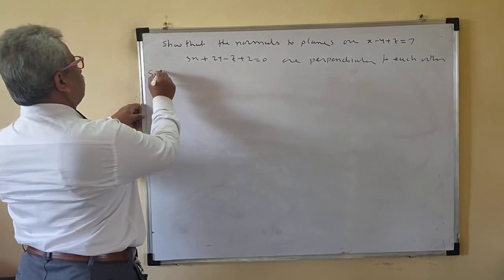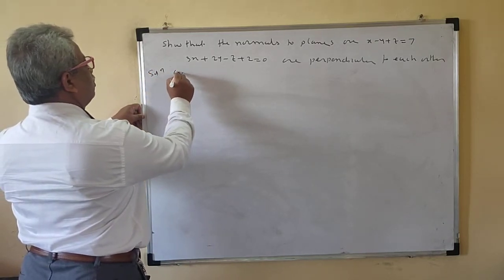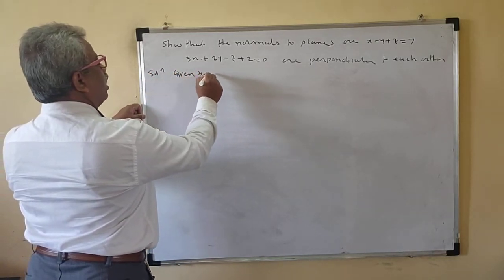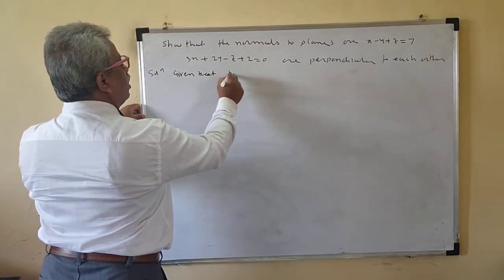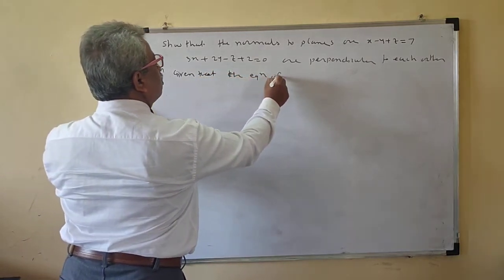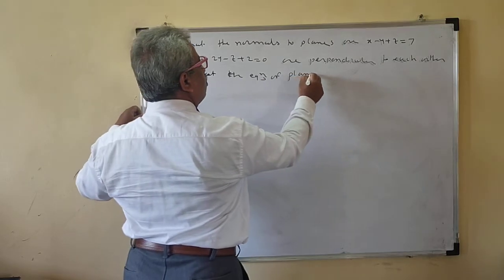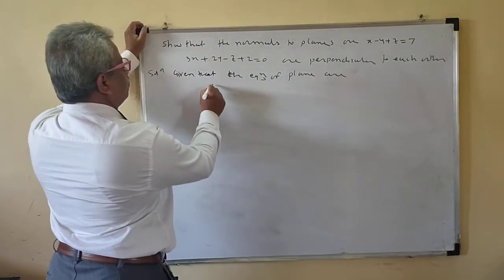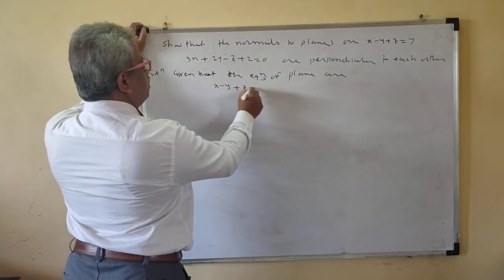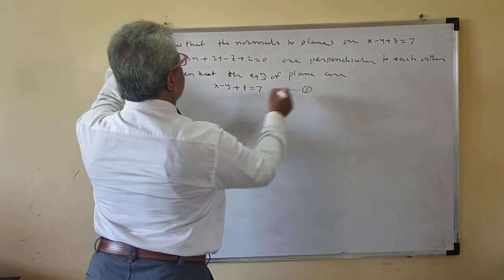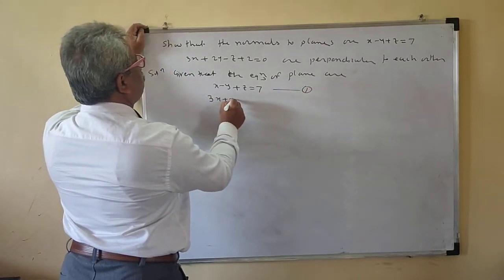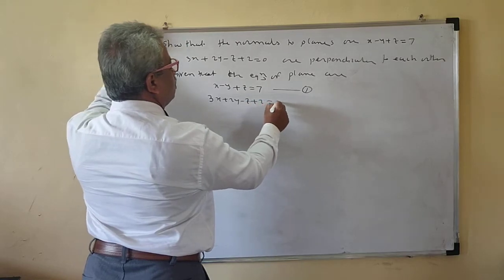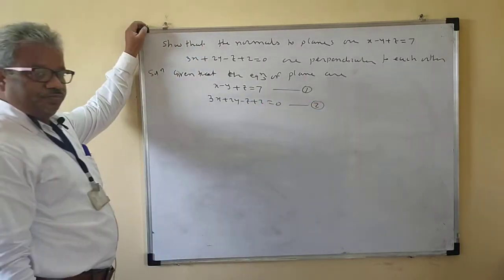Solution. Given that the equations of planes are x minus y plus z is equal to 7, I call this 1, and 3x plus 2y minus z plus 2 is equal to 0, I call this 2.